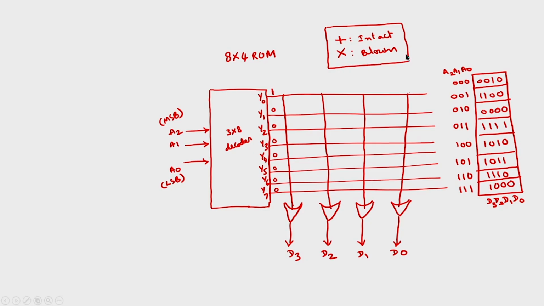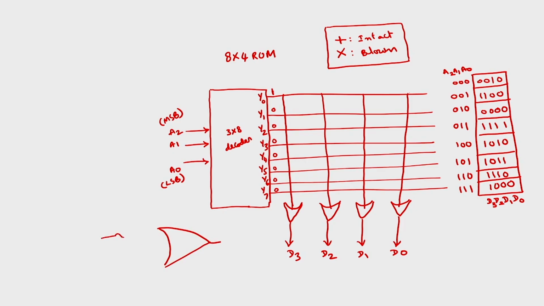If I keep all the connections intact, then what will be the output? Because these are all 8 inputs, I have shown them as a single line, but all these 4 OR gates are 8-input OR gates. The inputs are connected through fuses.